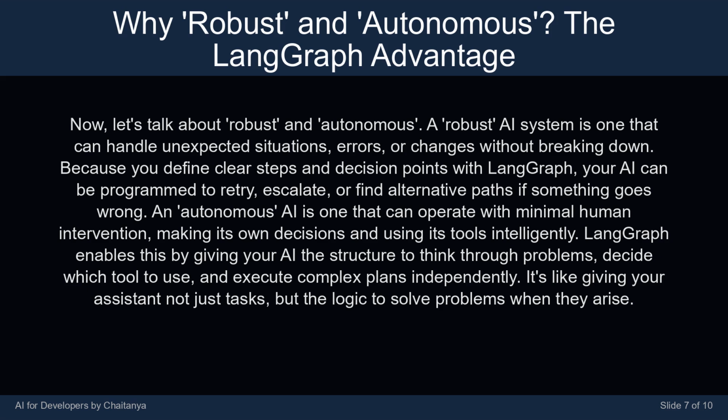An autonomous AI is one that can operate with minimal human intervention, making its own decisions and using its tools intelligently. LangGraph enables this by giving your AI the structure to think through problems, decide which tool to use, and execute complex plans independently. It's like giving your assistant not just tasks, but the logic to solve problems when they arise.